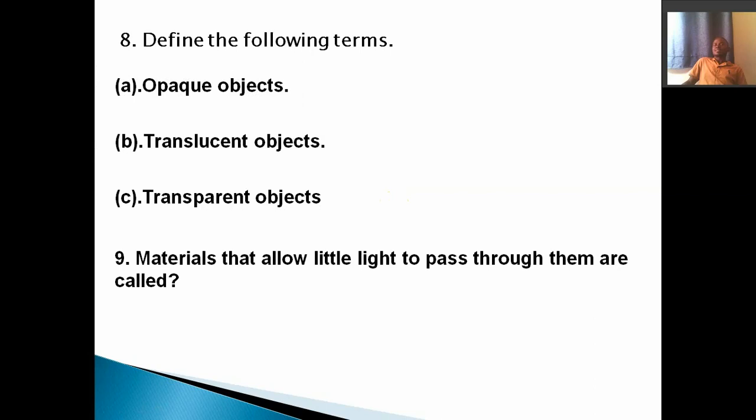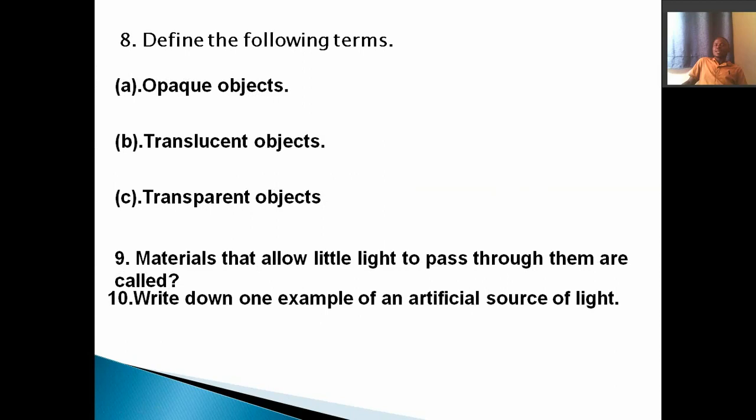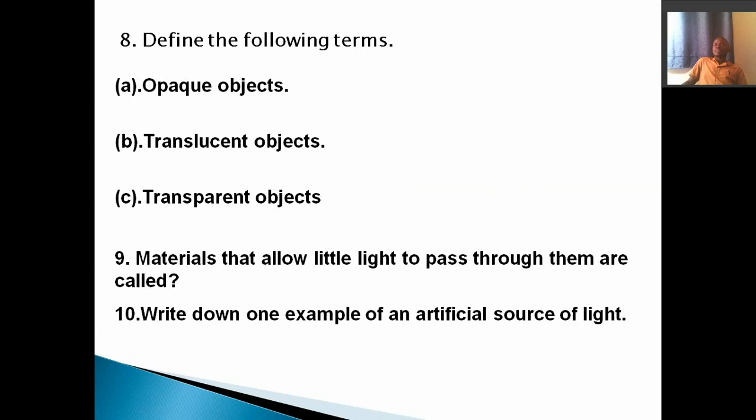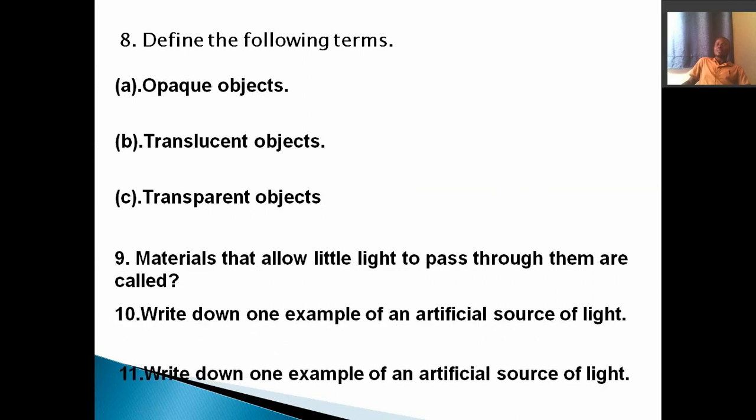Number 9 says, materials that allow little light to pass through them are called, you give the answer. Number 10 says, write down one example of an artificial source of light. Number 11 says, write down one example of an artificial source of light. I think it is a repetition, don't mind.